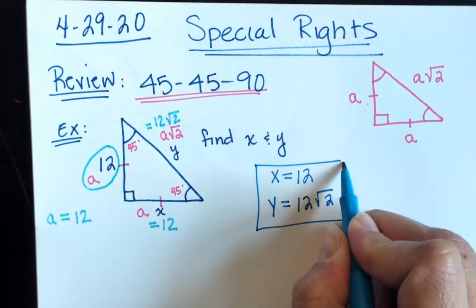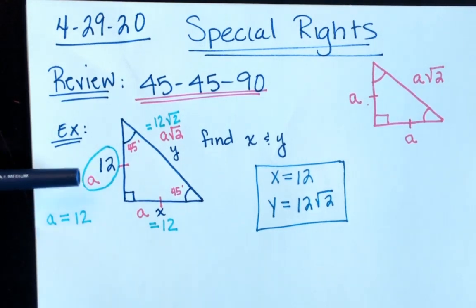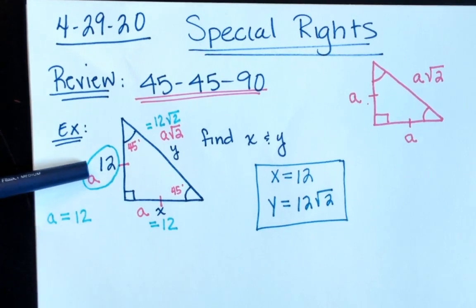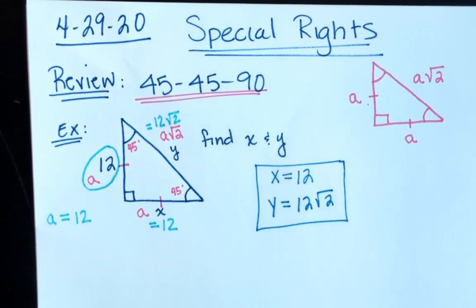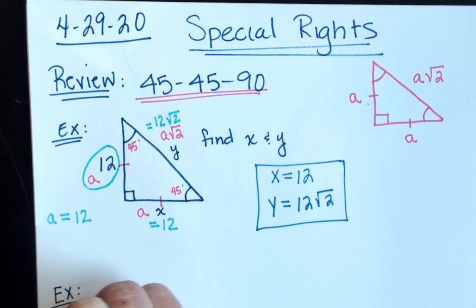Box it in. And that way there's no question as to what our answer is. Probably the easiest question you can ask with a special right that's a 45, 45, 90, in that you already know what the variable is, just plug it in. There's no guesswork there.